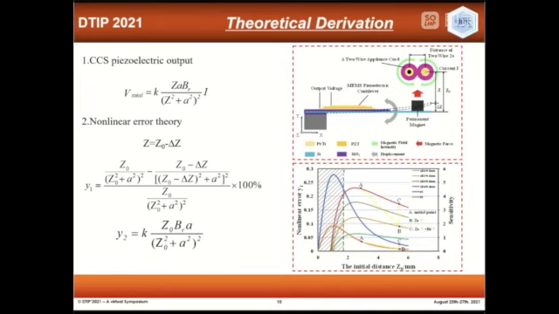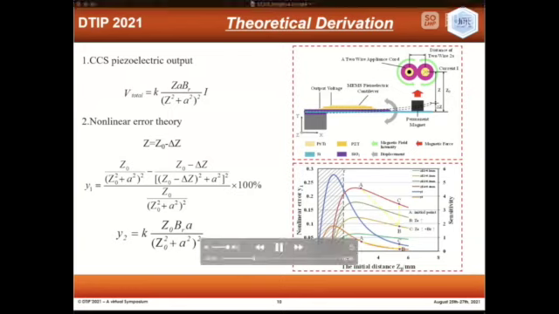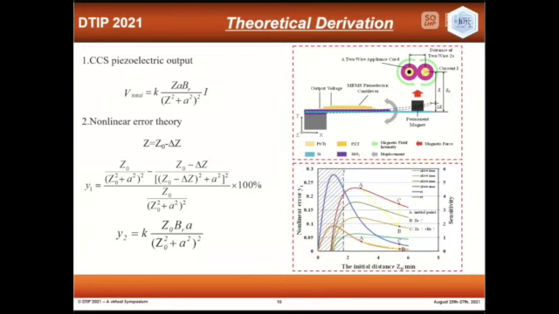When the nonlinear error is considered, the actual distance between the cantilever and the wire is Z = Z0 minus delta Z. Z0 is the initial distance between the cantilever and the wire, and delta Z is the amplitude of the cantilever. We can get the expression of the nonlinear error as follows.